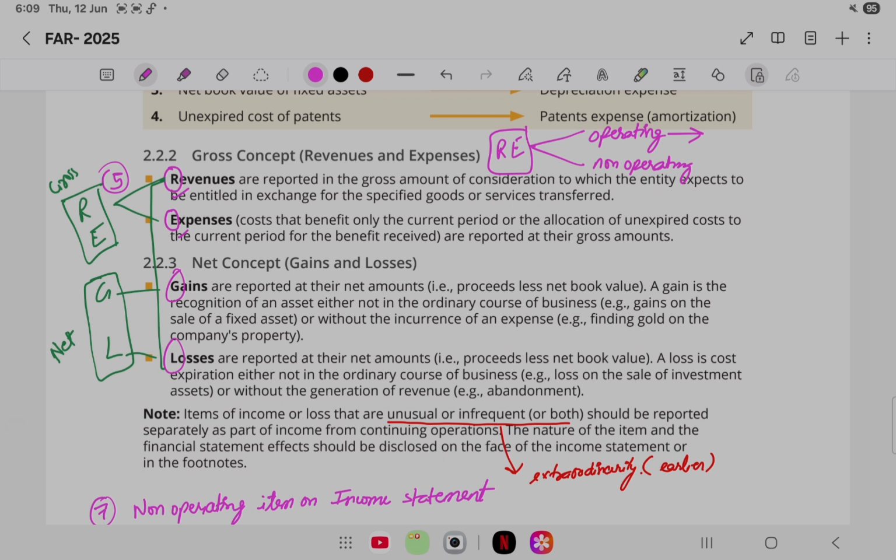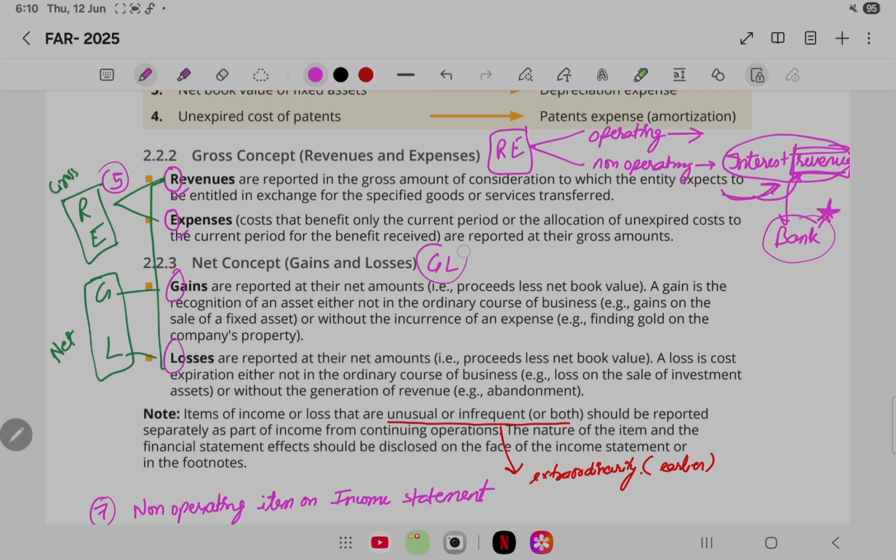Non-operating means they are part of exceptional and non-operating activities, like interest revenue. If we have made some bank deposits and we are getting interest on that, it will come under the revenue head, but it is a non-operating part. And the same interest can be operating in the case of a bank also. This is important.